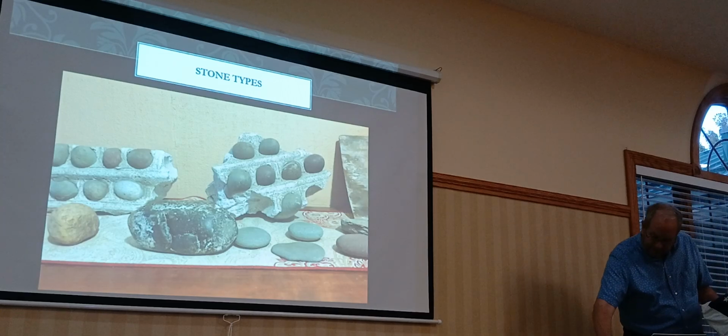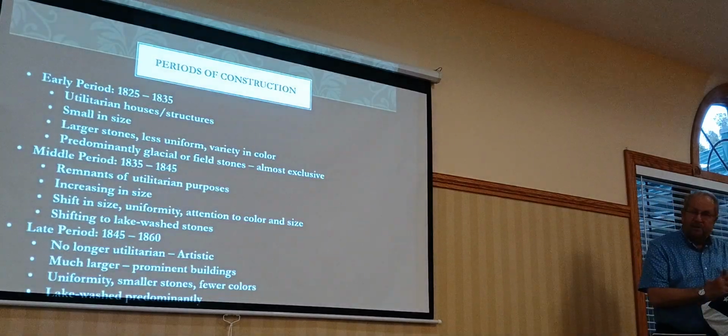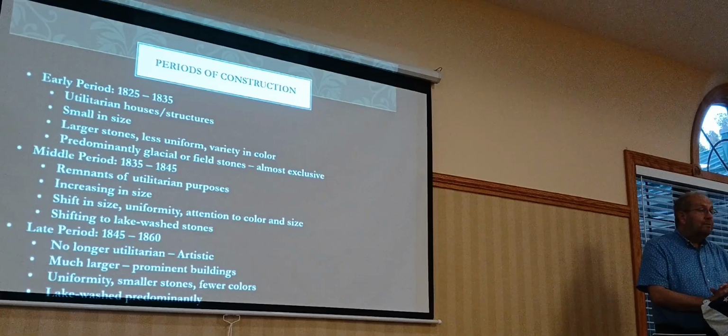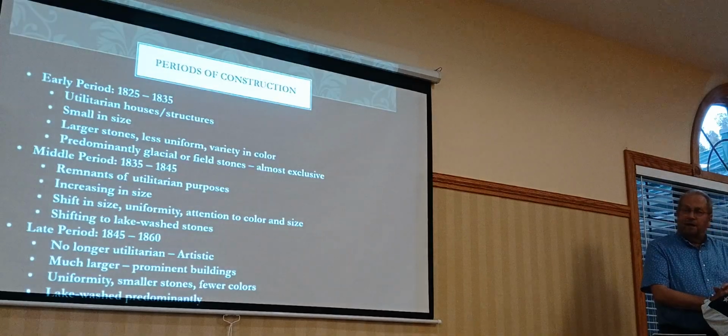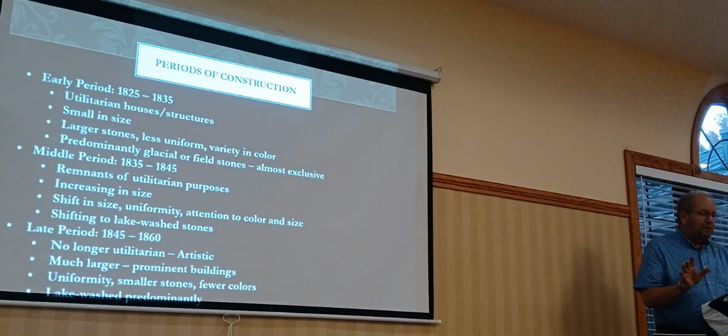So we recognize about three different periods of cobblestone architecture. There's the early period where basically the farmers were using these stones that they had collected in their fields, the large rounded lumps, to create buildings. And then as you advance, the whole process took place from about 1820 to the Civil War.